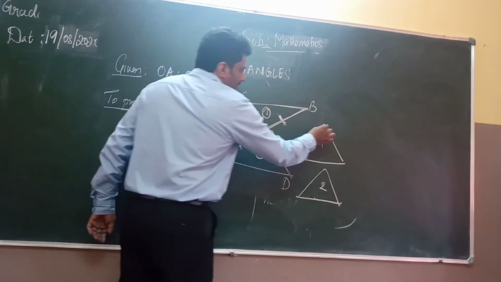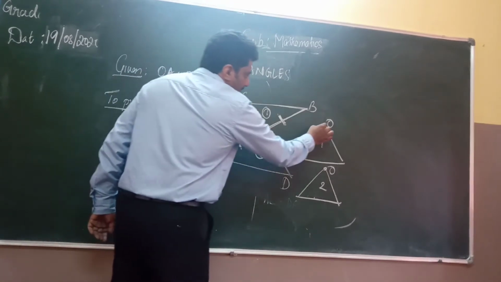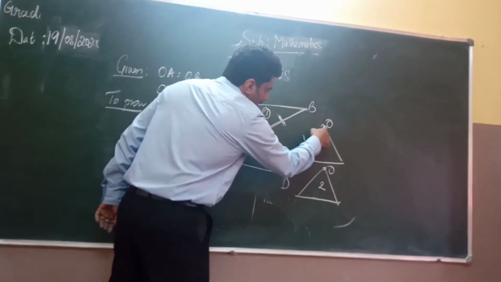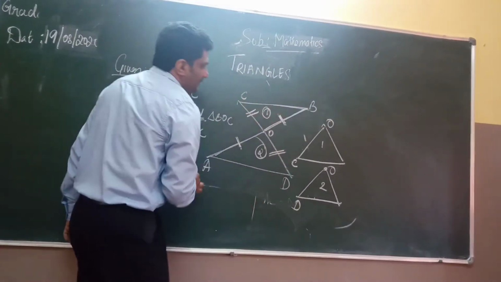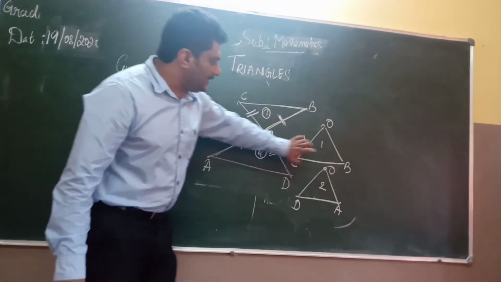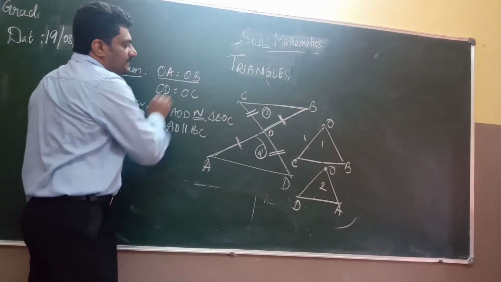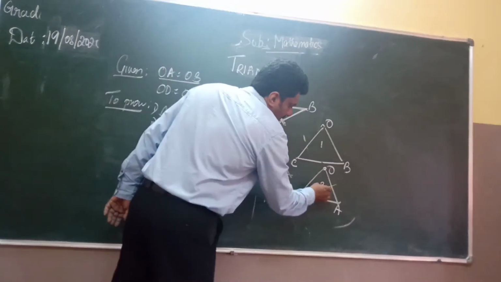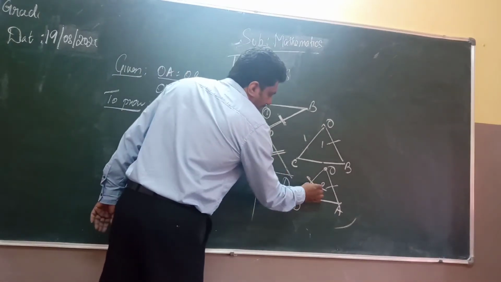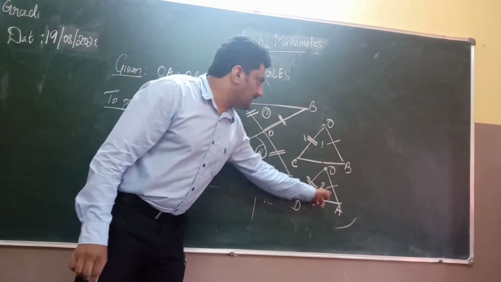This point is O, this point is O. OC and OD are equal, so I have to write D here. And if I write B here, this is A. Same, these two triangles I have drawn separately here. Now, as per the condition, OA is equal to OB. This line equal to this line, and then this equal to this. Two sides are equal to two sides.